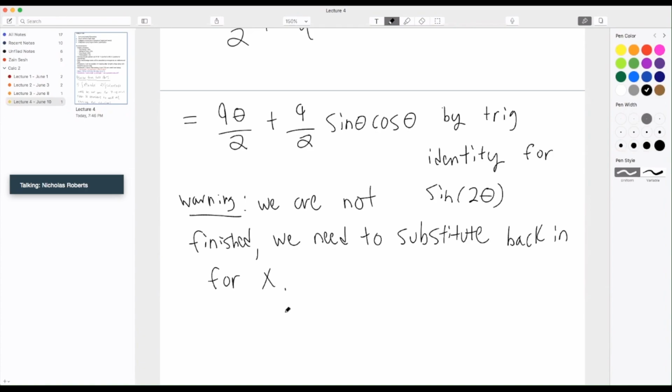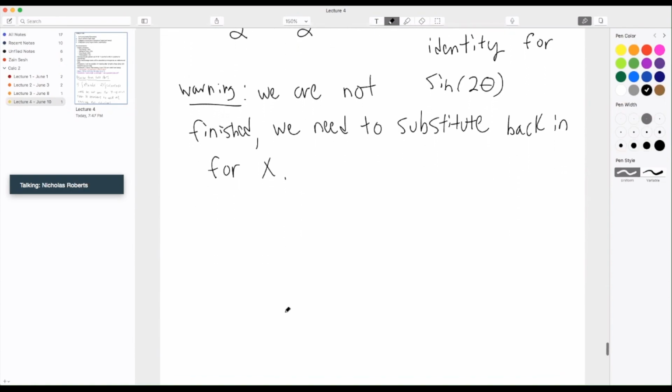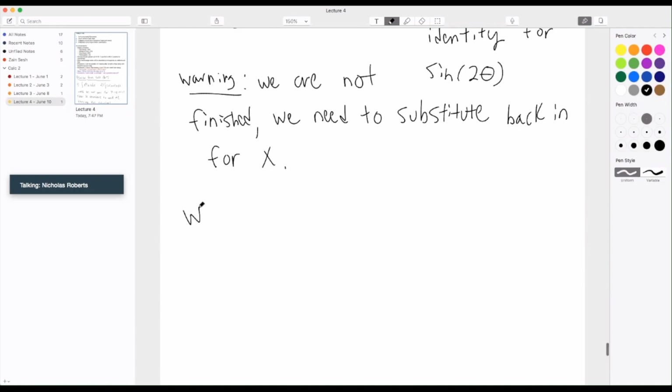All right, so how do we do this? We now need the above expression, so let me copy it down.